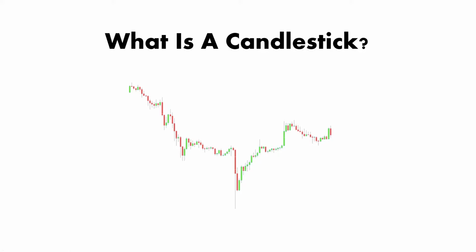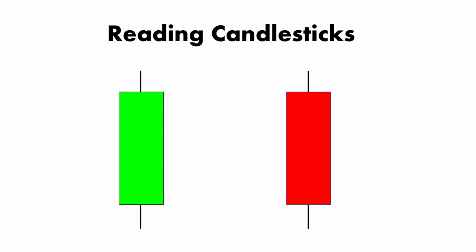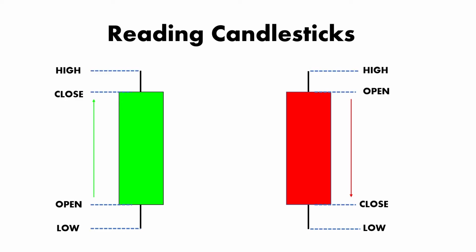Now let me explain. How do you read candlesticks? So candlesticks are usually in two colors, green and red. A green candlestick means that the price closed higher than the open, and vice versa. A red candlestick shows that price closed lower than the opening price. The four pieces of information to each candlestick are the open, the high, the low, and the close.